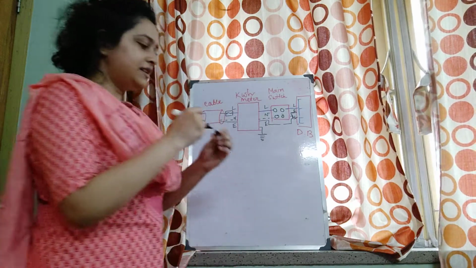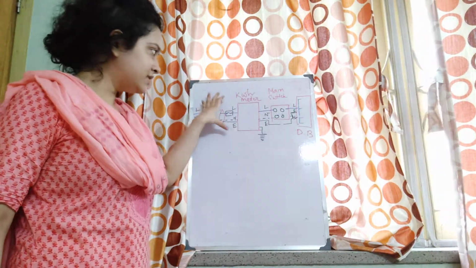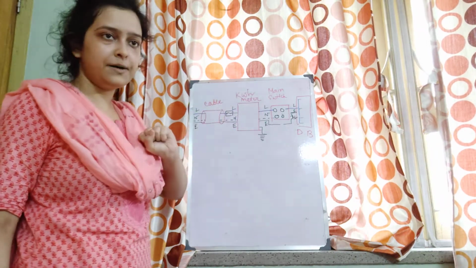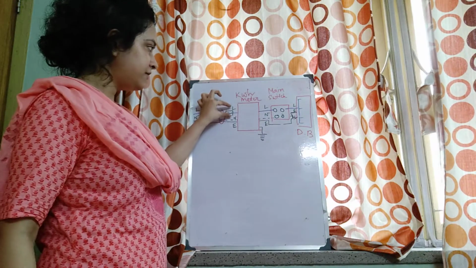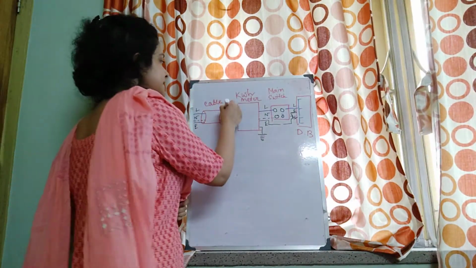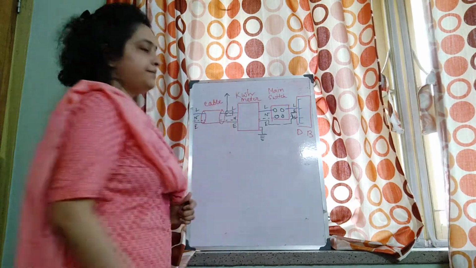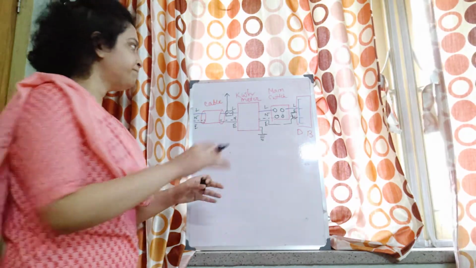Notice that before this, the wires are entering the kilowatt hour meter. Can you notice a device over there that I've drawn? What is this? This is actually a fuse. What is a fuse? We'll learn, don't worry.